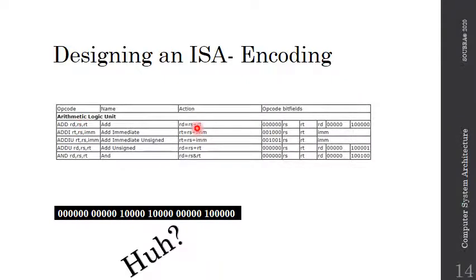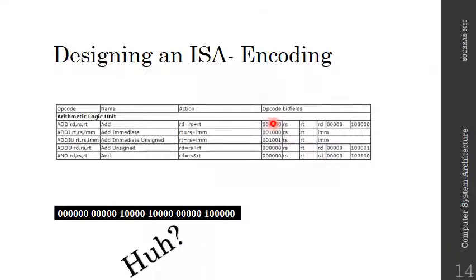The action happening is adding the content of the first source to the content of the second source and storing the result in the destination. Here you can notice the opcode: it is just a bunch of zeros.